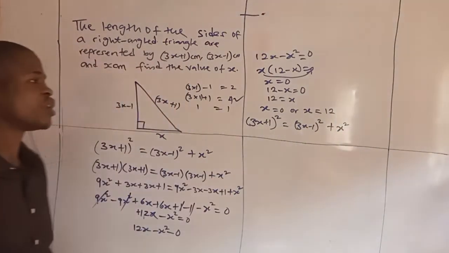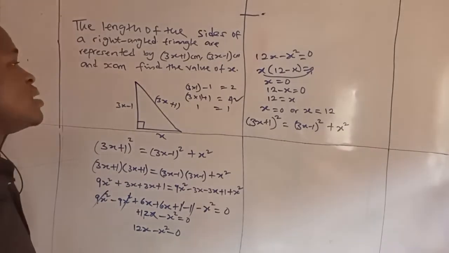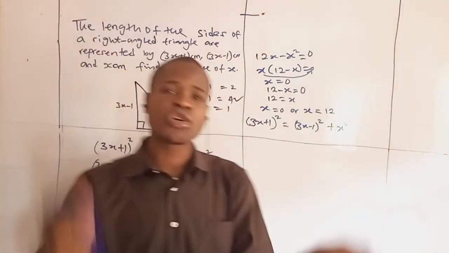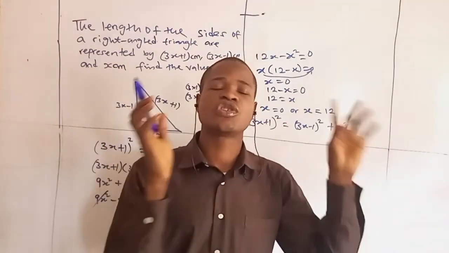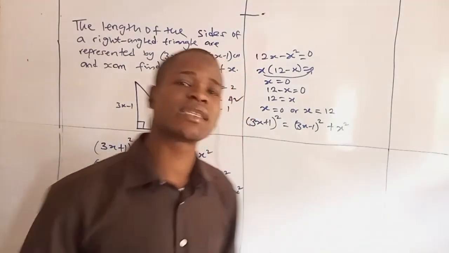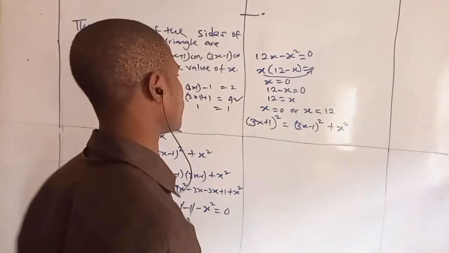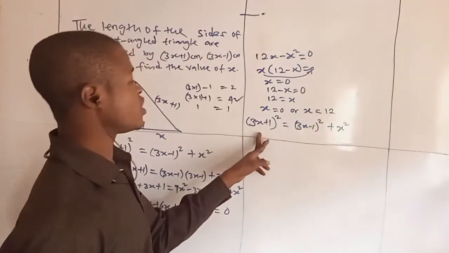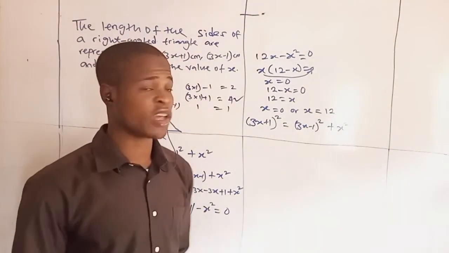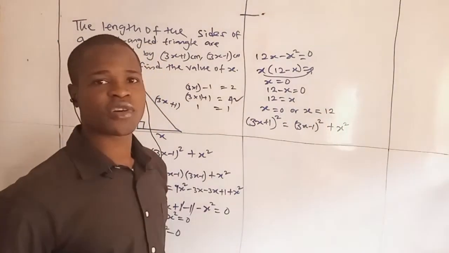From the rule of the hypotenuse of a right angle triangle, the square of the hypotenuse will be equal to the summation of the squares of the two other sides, that is the opposite and adjacent. If we substitute the value of 0, it's not possible for us to have a length of 0. So let's try and substitute the value of 12.